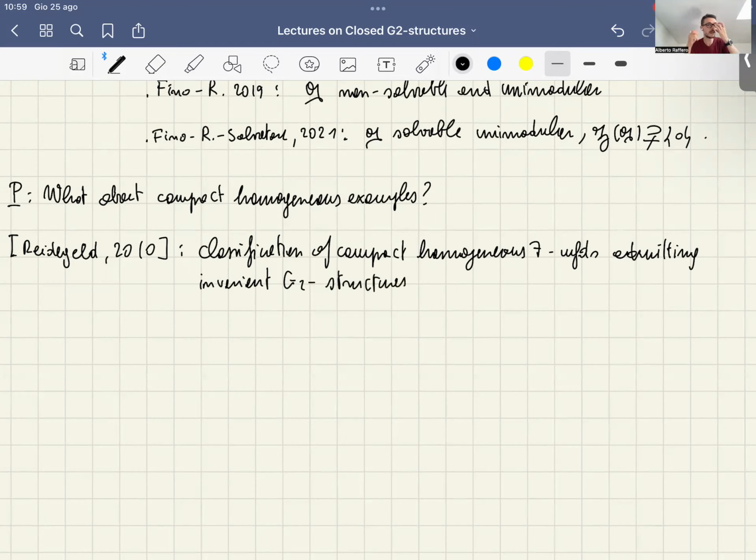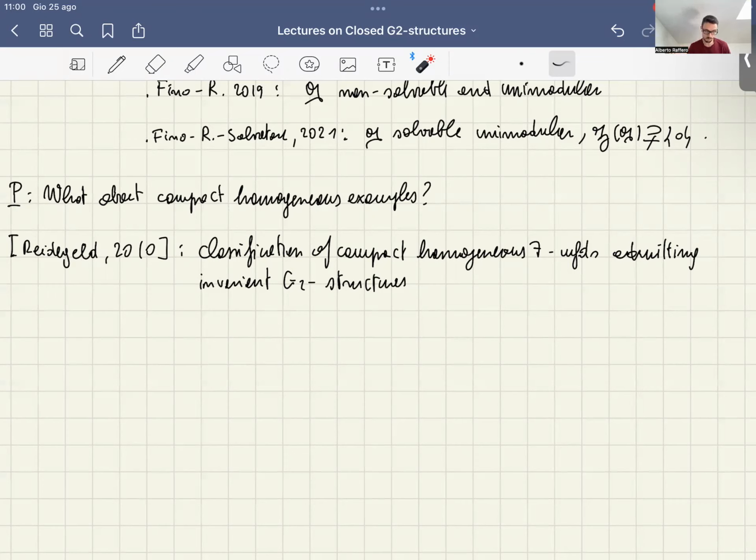And he also proved that any possible example that occurs admits an invariant co-closed G2 structure. So for the co-closed case in the homogeneous setting, we know that every compact homogeneous 7-manifold admitting invariant G2 structures also admits a co-closed G2 structure that is invariant. And most of these examples are actually nearly parallel G2 structures, which is one other possible class of G2 structures arising in the Fernandez and Gray classification, which is given by G2 structures inducing in particular an Einstein metric.